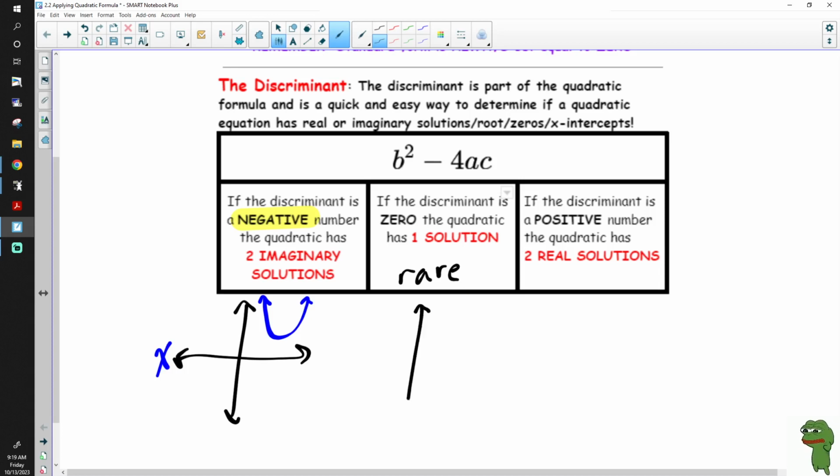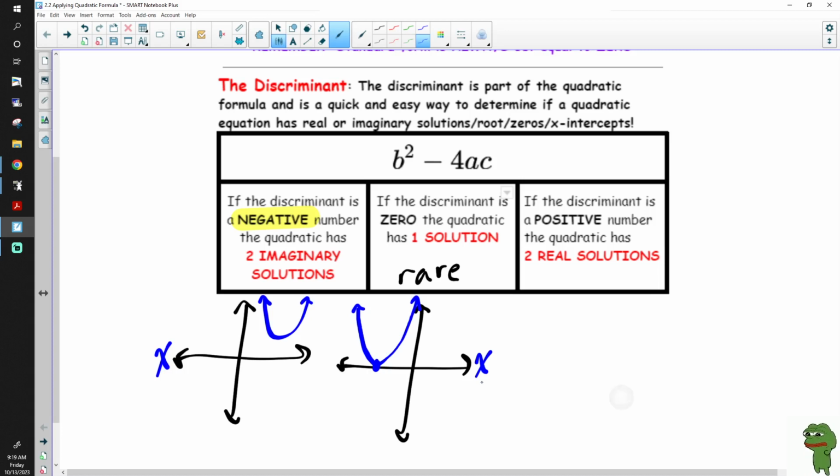What does that look like? In visual form, it means your quadratic hits the x-axis, boop, and bounces away. It hits it just one time. Doesn't happen a lot, but it can.